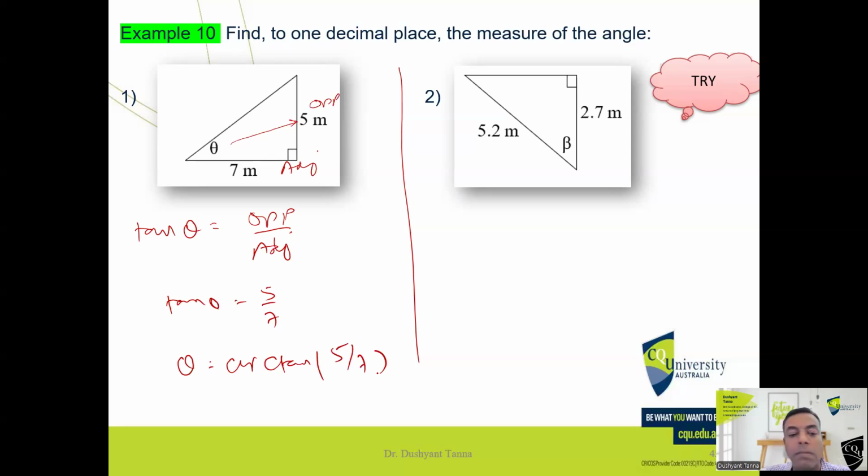So it's tan inverse. Tan inverse. 40.9. Yeah.